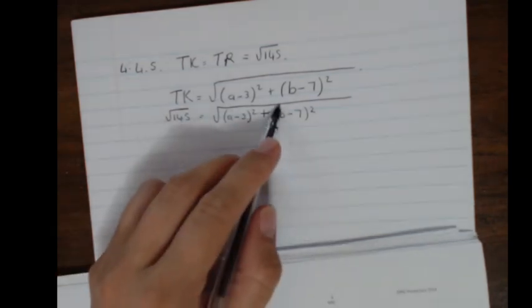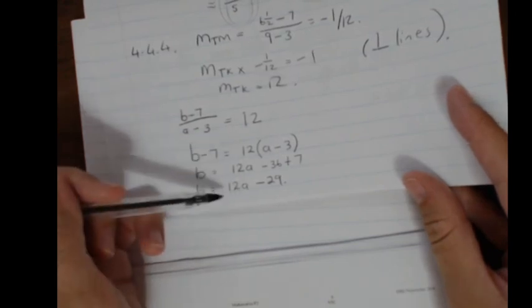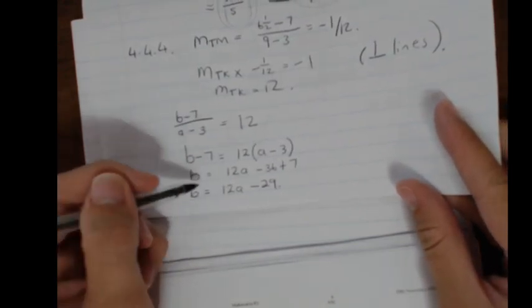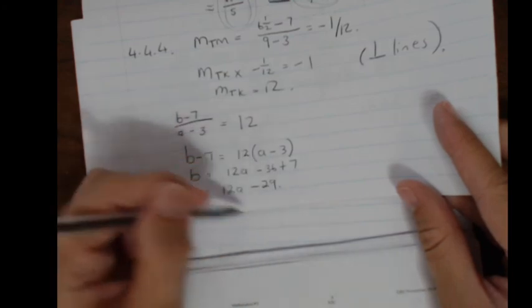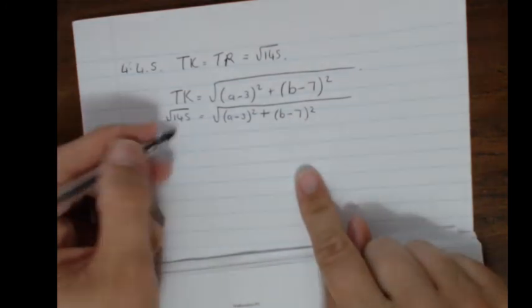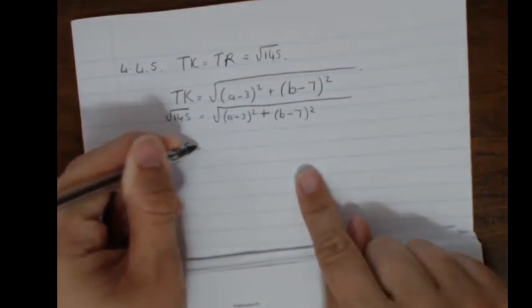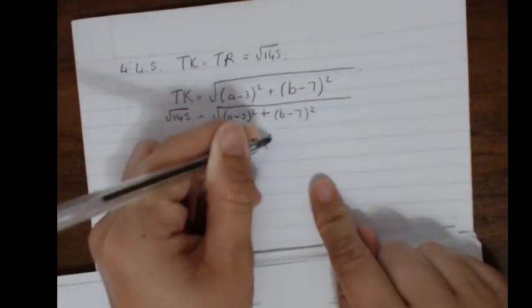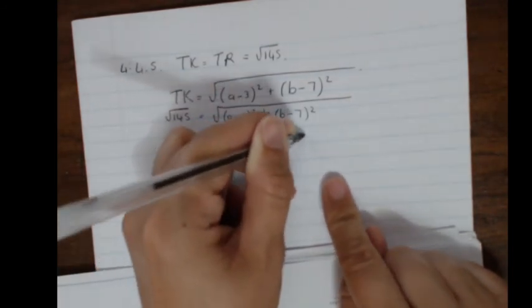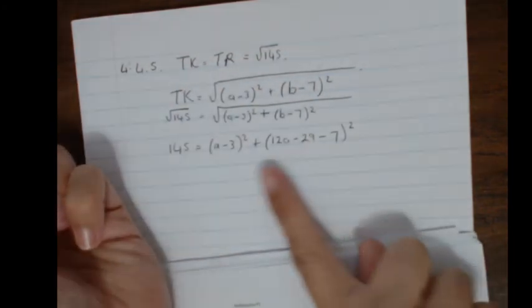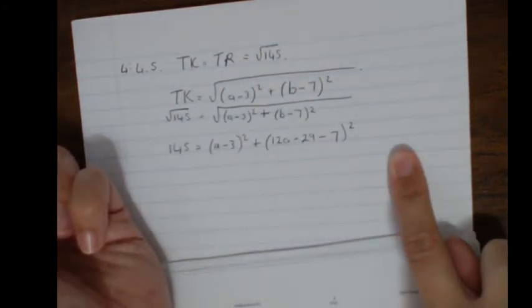I need another equation, which they assisted me with in the previous question, where they helped me find that b is 12a minus 29. So I can replace this b with 12a minus 29, minus 7, then squared, and now this is just a in the equation.